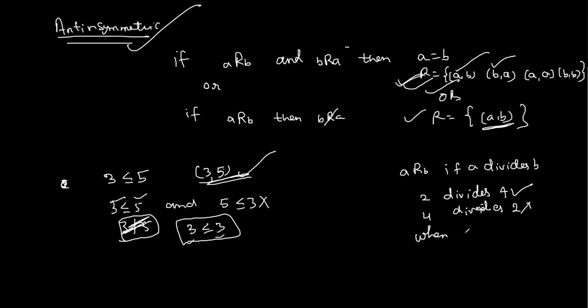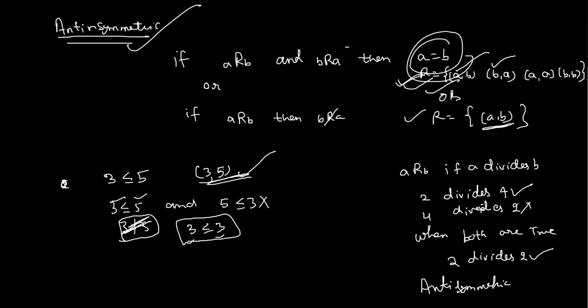When both are true, as in 2 divides 2, A is equal to B. So this is antisymmetric.